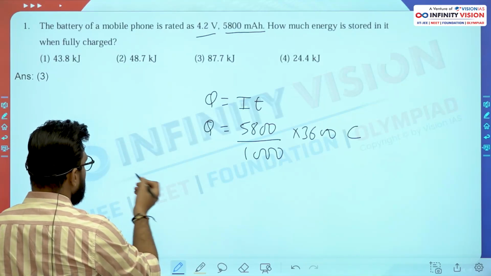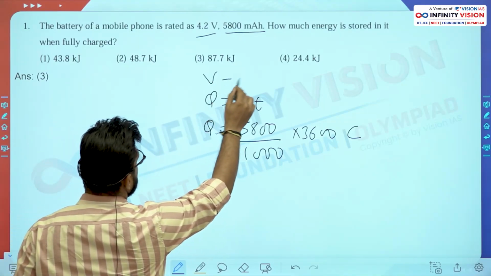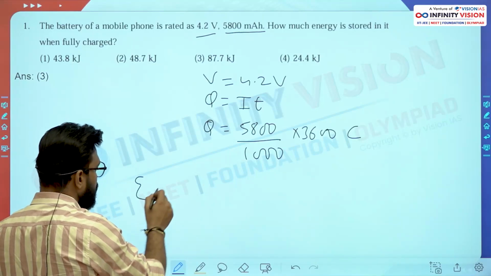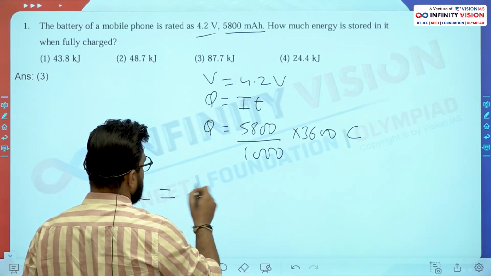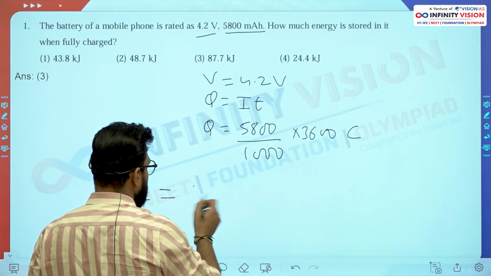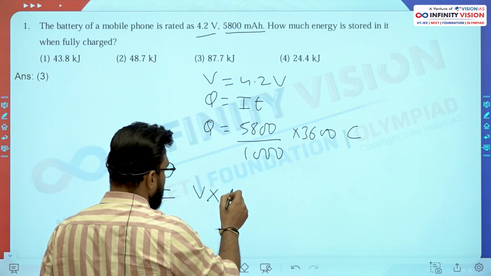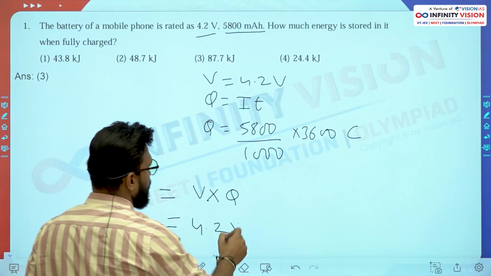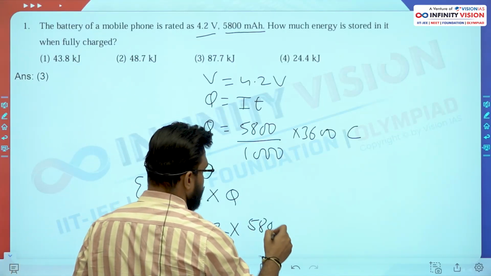Okay, so this much charge is given to you. Now the potential is also given to you as 4.2 volt. So the energy stored can be written as the potential multiplied by charge. Potential is 4.2 and charge is 5800.